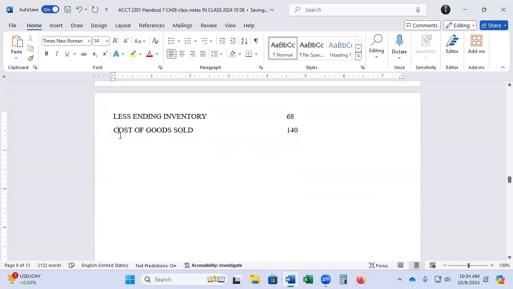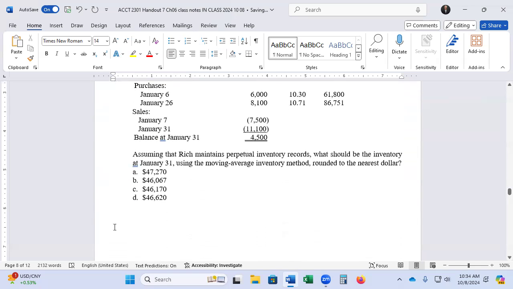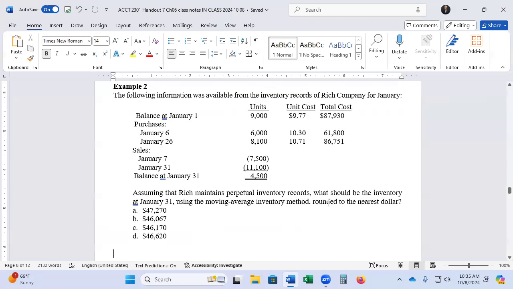Okay, let's look at example 2. Okay, so this is a perpetual inventory records.